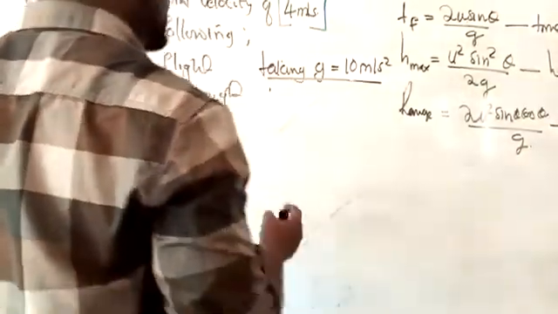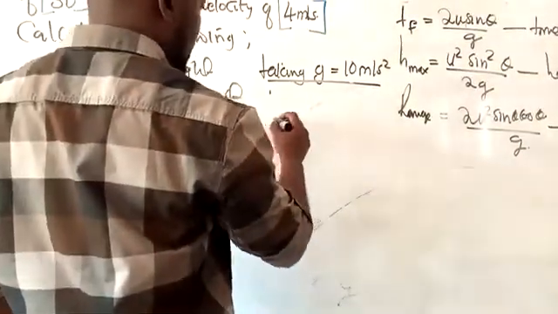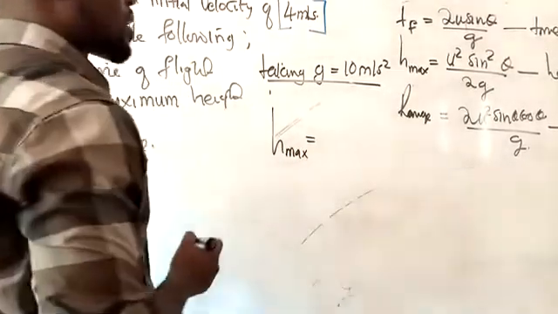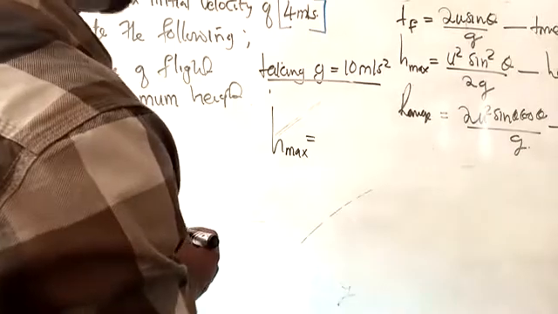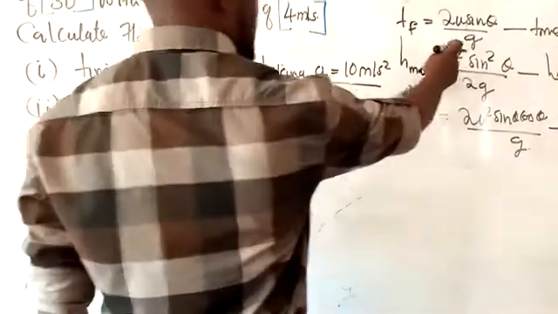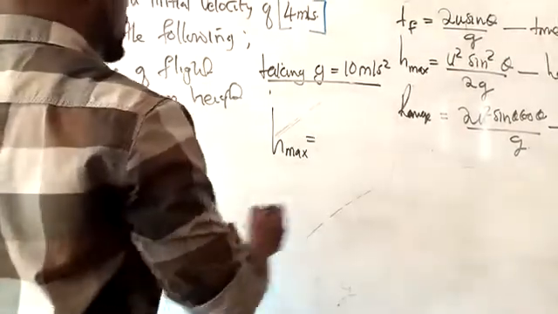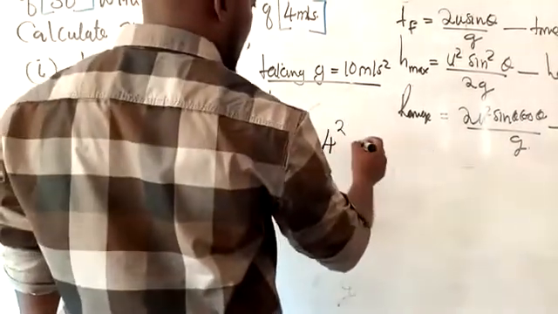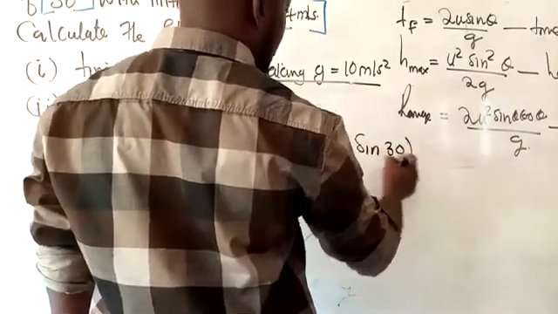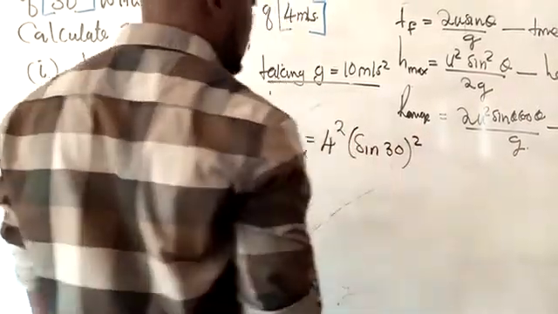Secondly is the maximum height. The maximum height, again, is the use of the calculator here. And make sure that your calculator is in degrees and not radian. Alright. So here we have the initial velocity 4 squared multiplied by sine 30. I'd like to keep the square outside.